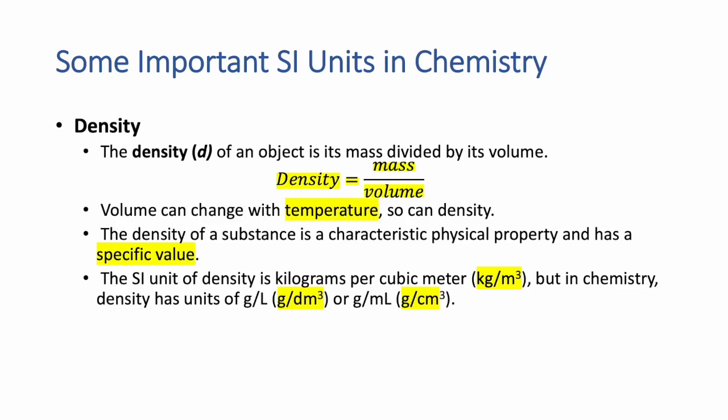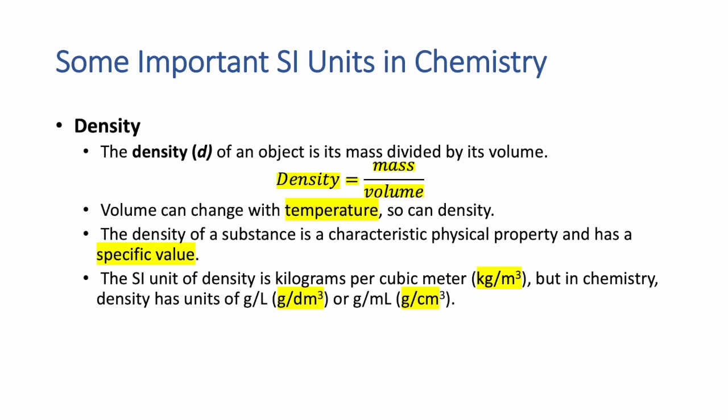The SI unit of density is kilograms per cubic meter, so that would be kg per m cube. But in chemistry, we also use grams per liter, so that would be grams per decimeter cube, or grams per mL, or grams per centimeter cube.